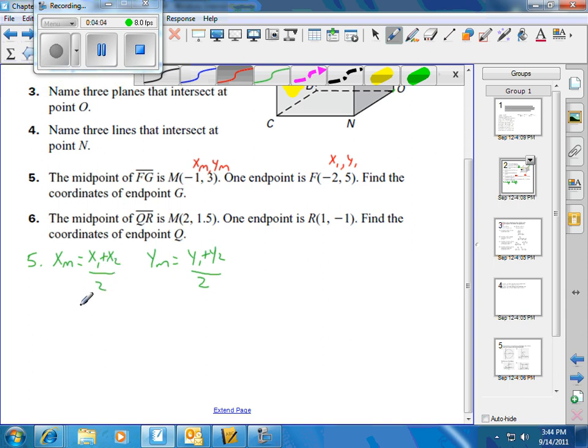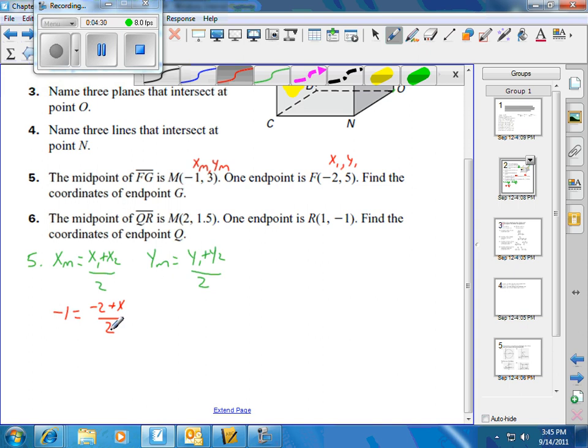So with number 5, let's start with the x-coordinates. We've got negative 1 for the x-coordinate of the midpoint, and for x of 1 we have negative 2. The other x-coordinate of the endpoint is unknown, so I'm just going to call that x, and we divide by 2. We have one unknown and need to get x by itself.